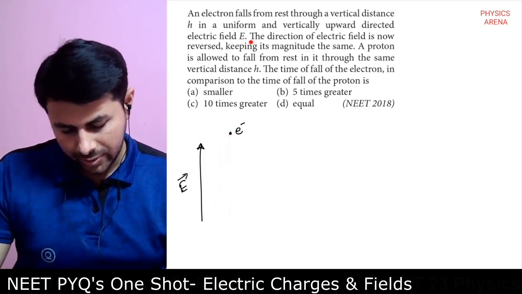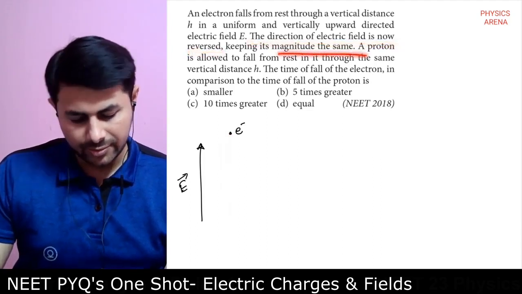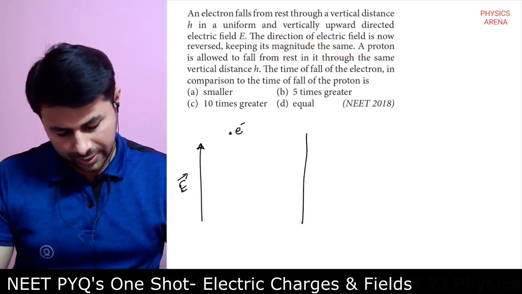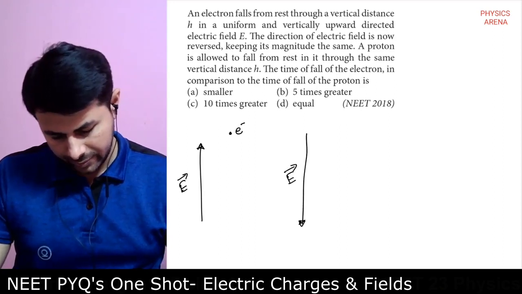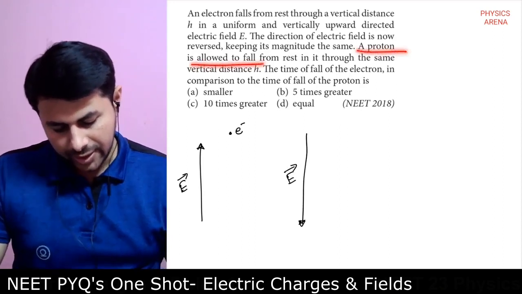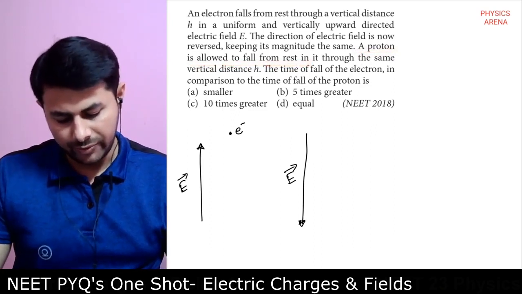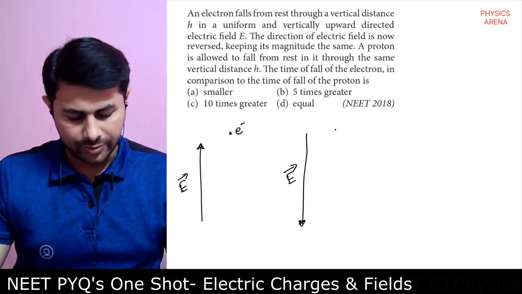Okay, now the direction of the electric field is reversed, keeping its magnitude the same. So now you have the electric field like this, its magnitude is the same. A proton is allowed to fall from rest in it through the same vertical distance h. Okay, so this is a proton, E plus.